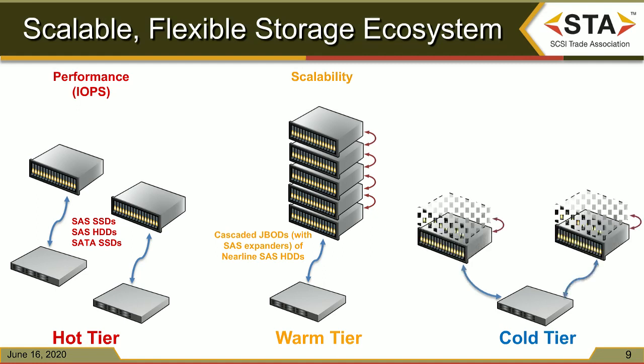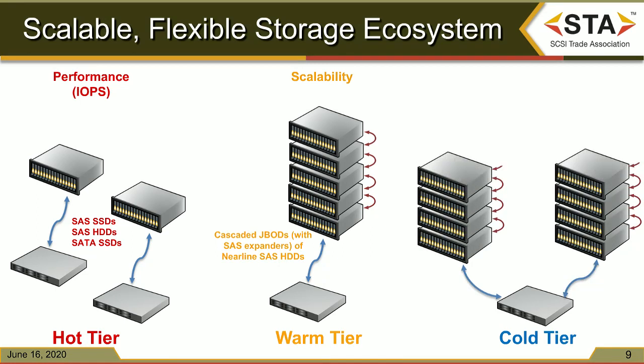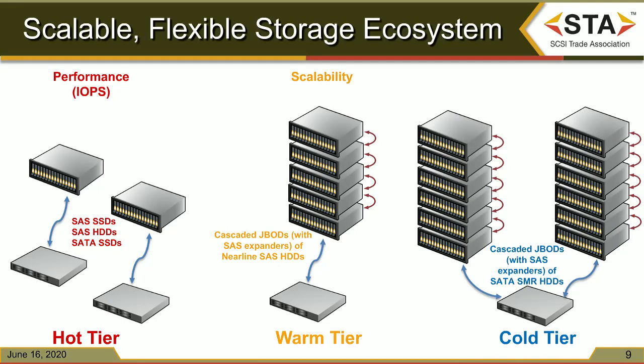And finally, there's some data that will be archived and almost never used, and this would be termed cold data. This tier is all about dollars per gigabyte, so the most cost-effective media has to be used and is almost always some form of SAS or SATA HDDs and could exceed hundreds of drives in a single topology.